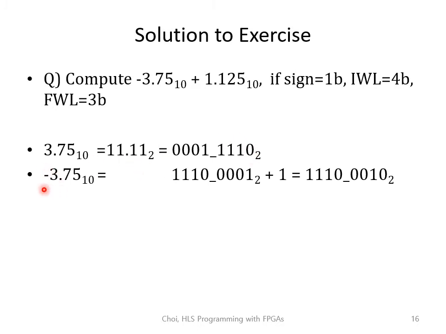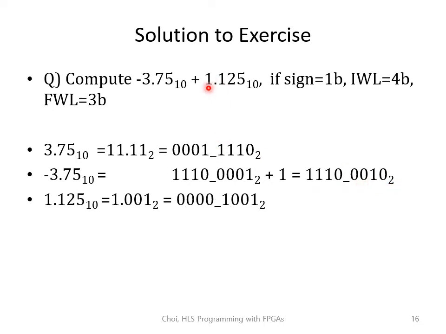And negative 3.75, we've done this before. We flip all bits and add 1, so minus 3.75 is 1110 0010.